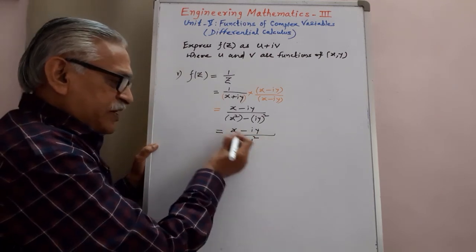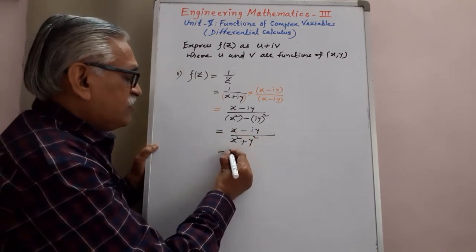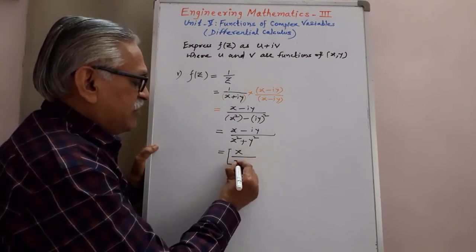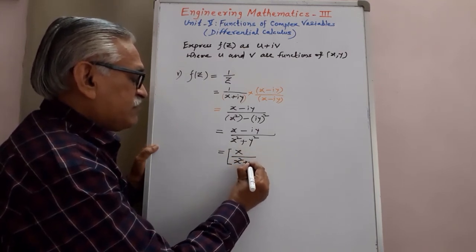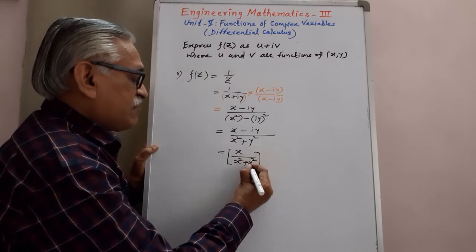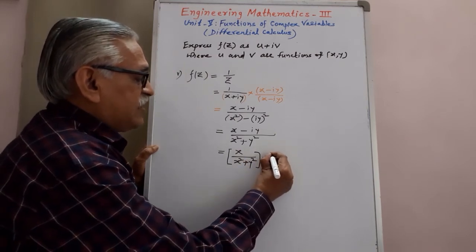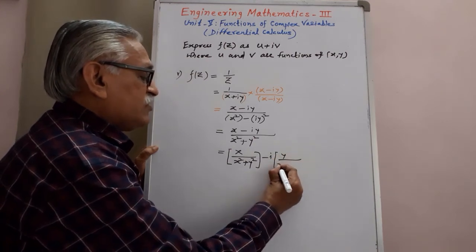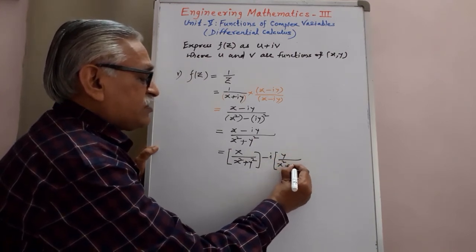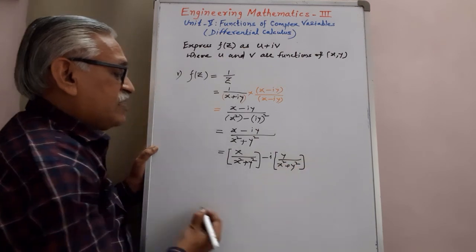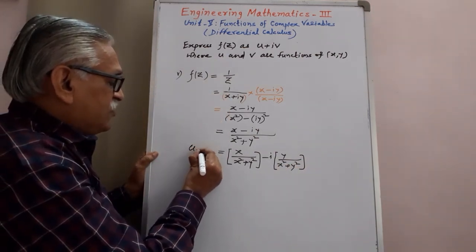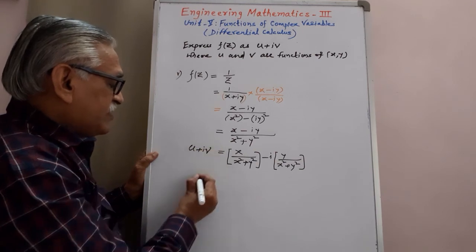And then taking separate divisions, we have the real part as x upon x square plus y square, minus i times y upon x square plus y square. And this is nothing but f of z. On the left hand side it is in the form of u plus iv.